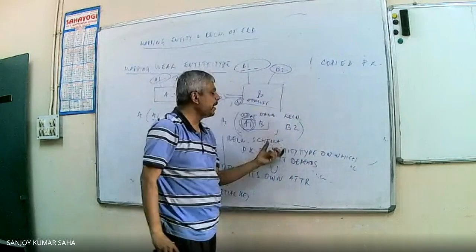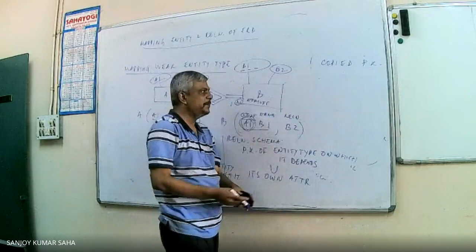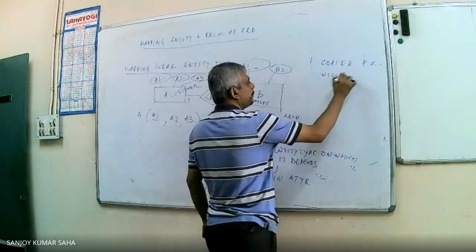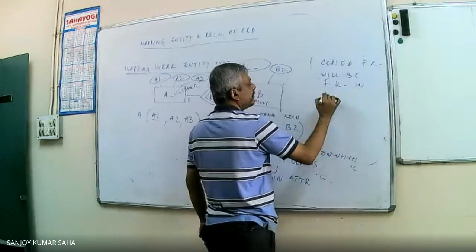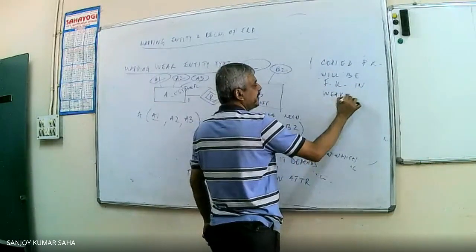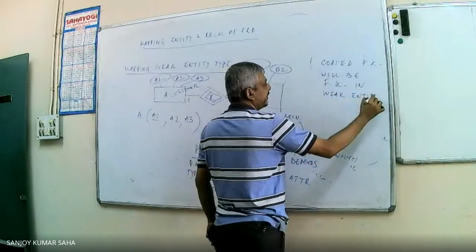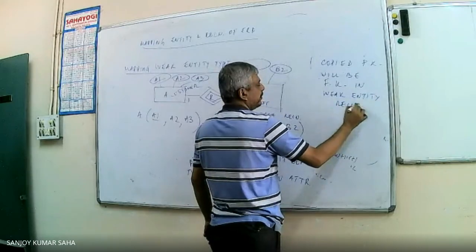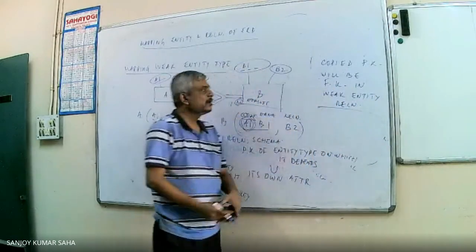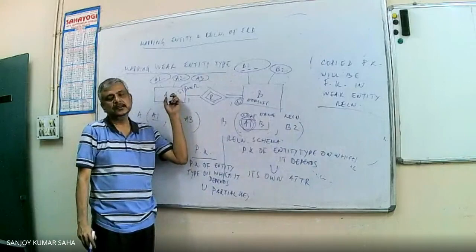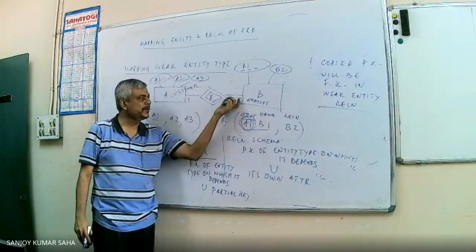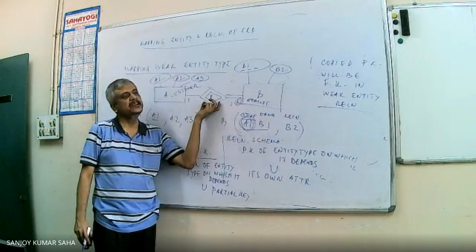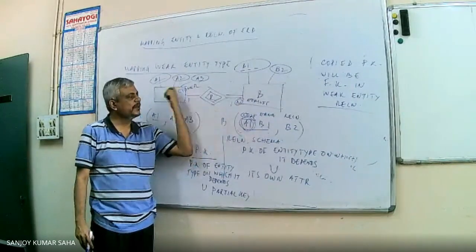Copied primary key means the primary key of the entity type on which it depends will be a foreign key in the weak entity relation. It will be referring to the relation on which it is depending, which it participates totally in the identifying relation. So it will be referring to that.